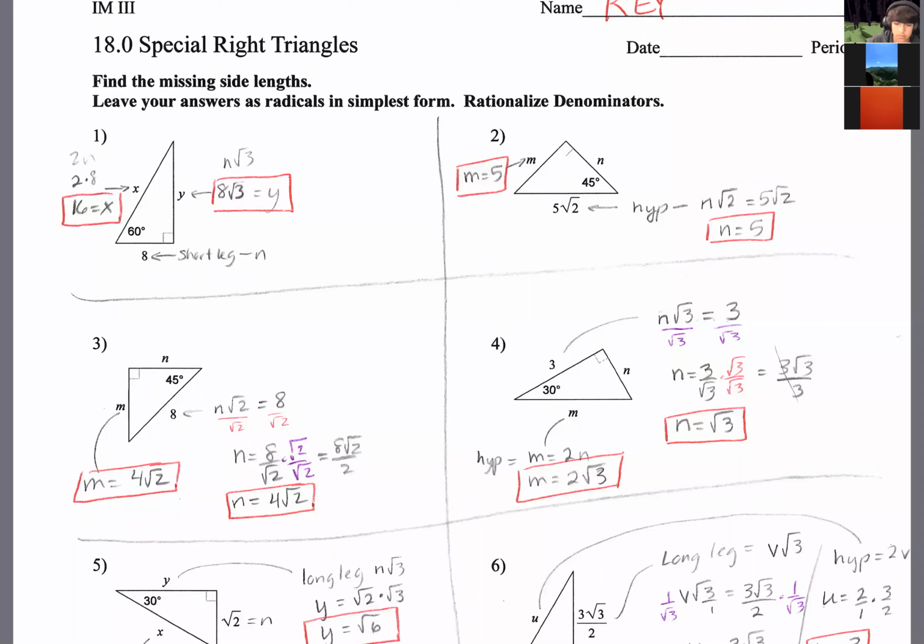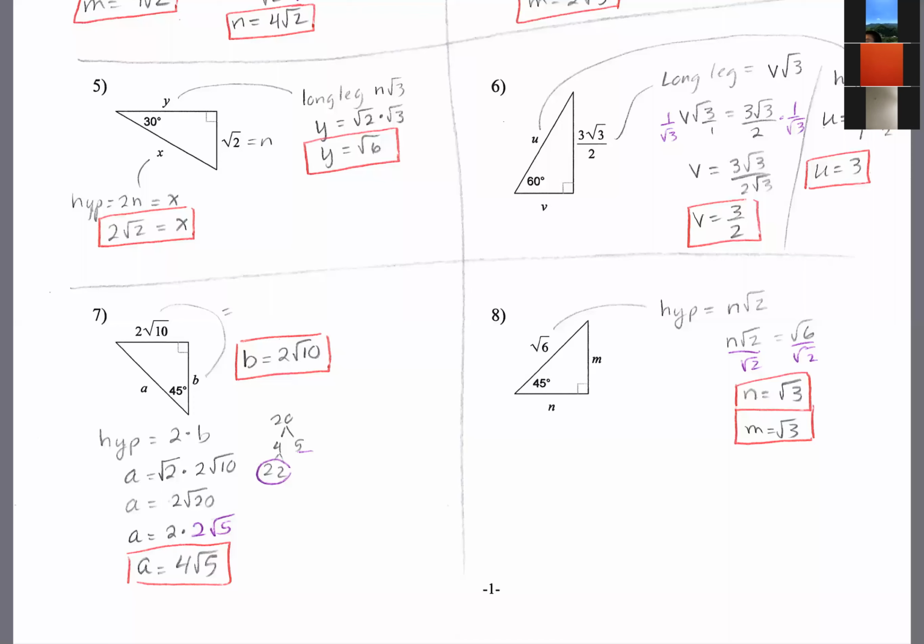Okay, for worksheets, I can go to a blank copy after we're done checking. Okay, so going down, you can see 5 through 8 here. I can always go back if you need me to go back. So we're going down to 5 through 8.